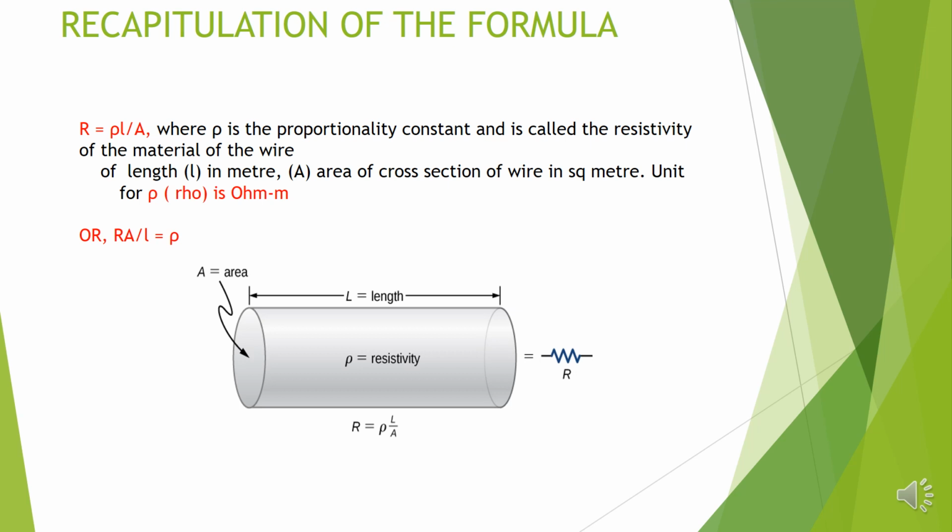So we know R is equal to rho L by A, where rho is the resistivity, L is the length of the wire in meter. Remember, it should be in meter. So if you get it in centimeter, you have to convert it into meter. Area of cross section is also in square meter.